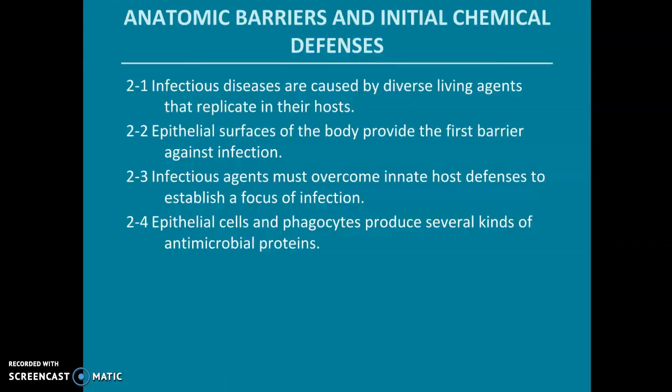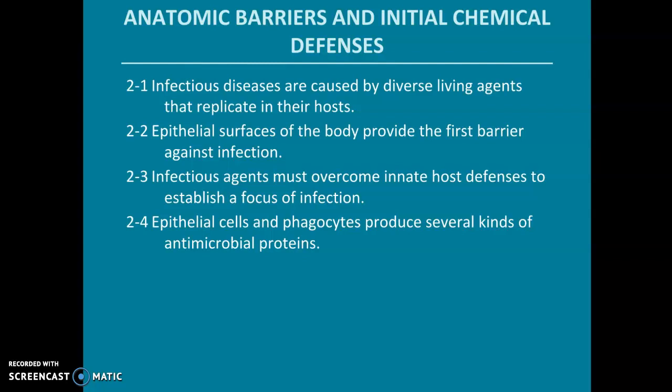So there are a lot of things out there that are able to attack us. Our first barrier is the epithelial surfaces and the skin and the mucus and waxes.